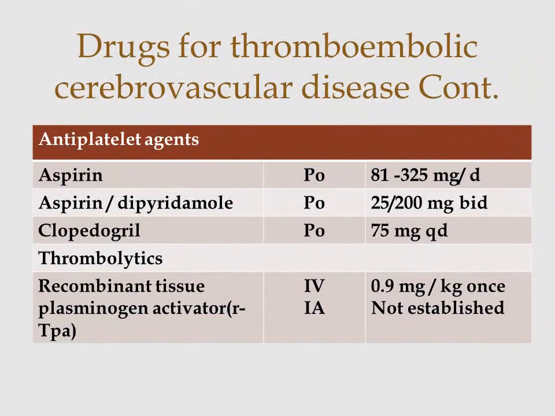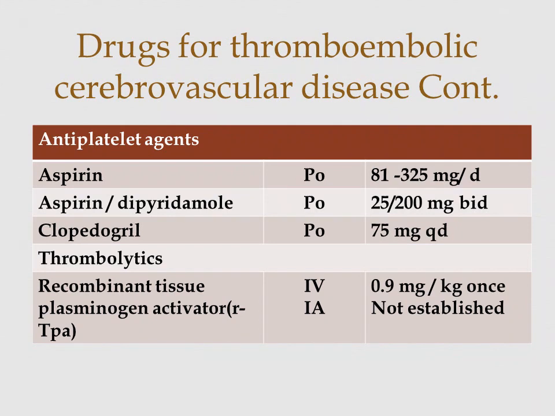Drugs, continued, for thromboembolic cerebrovascular disease. Aspirin per oral, 81 to 325 milligram per day. Aspirin combined with dipyridamole, aspirin plus dipyridamole per oral, 25 over 200 milligram BID.